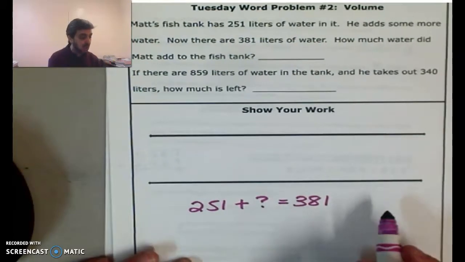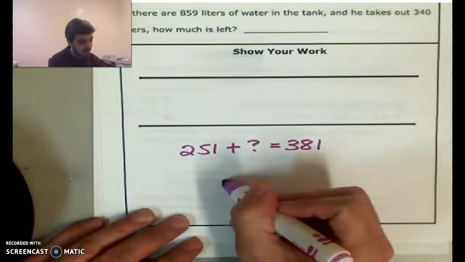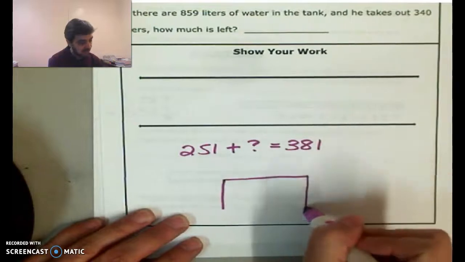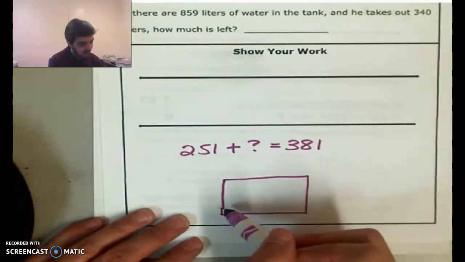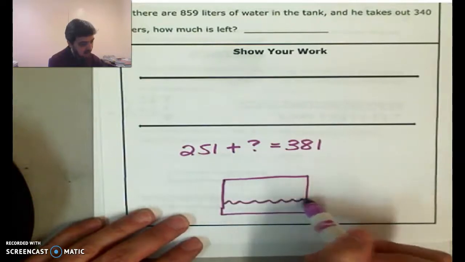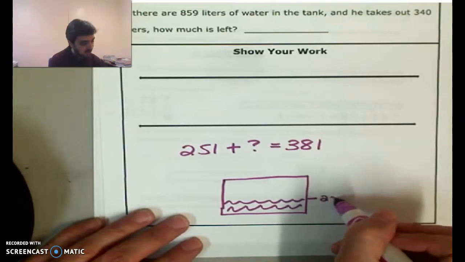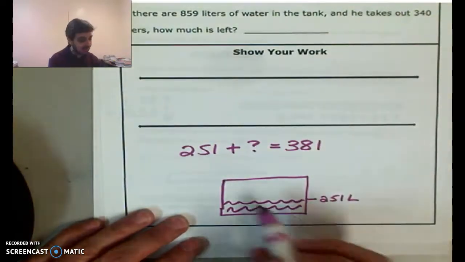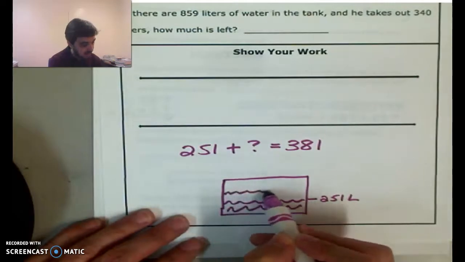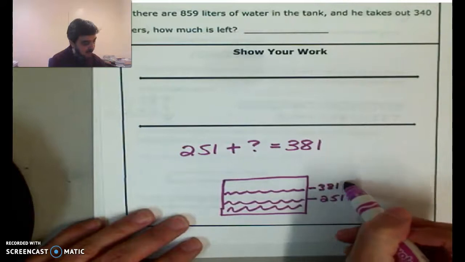Another way of thinking about this, if that's still a little confusing, let's say that this is the fish tank, and right now there are, let's say this represents 251 liters. And then he adds some more. So now there's 381 liters.